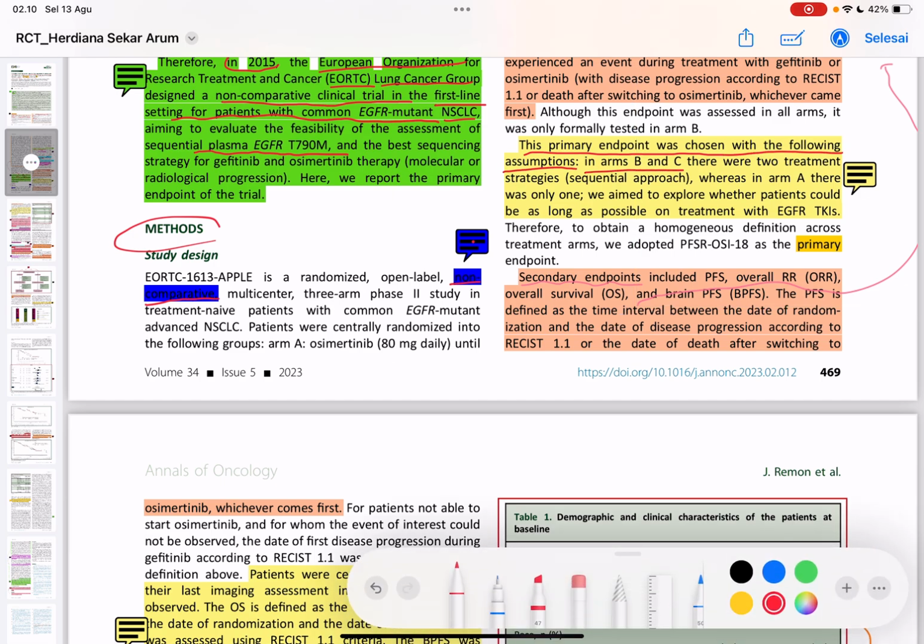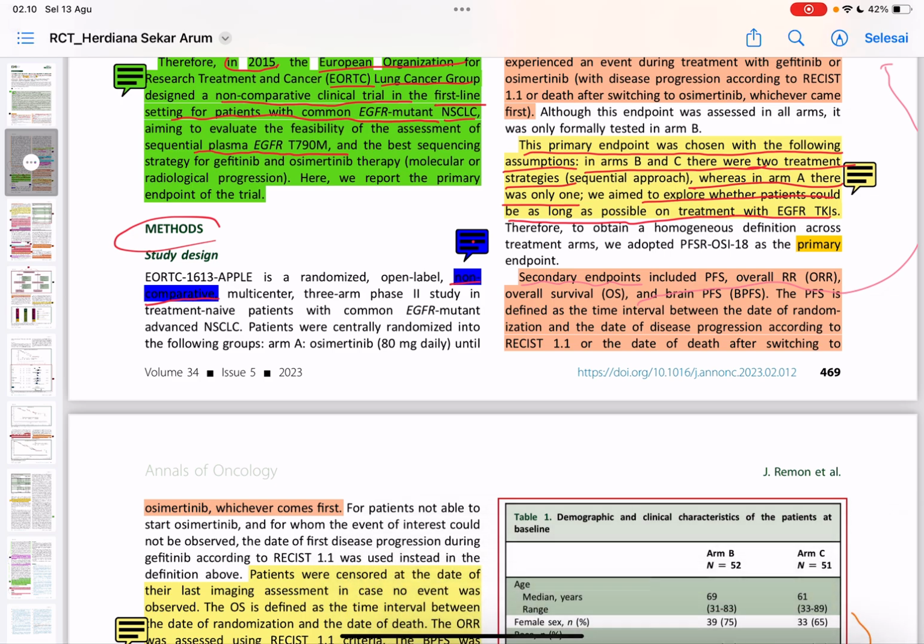In arms B and C, there are two treatment strategies, whereas in arm A there was only one. We aimed to explore whether patients could, as long as possible, be treated with EGFR TKIs.